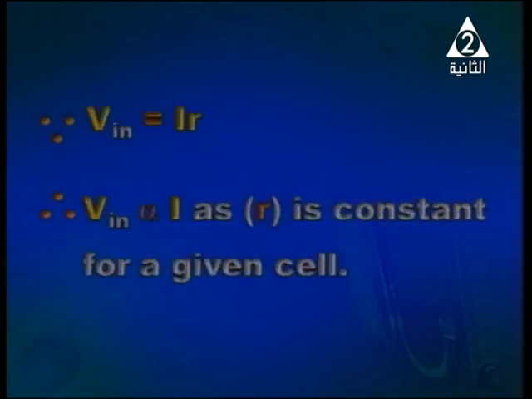And since V internal is calculated by Ir, and small r is constant, V internal is directly proportional to the current, and the current is inversely proportional to the total resistance.